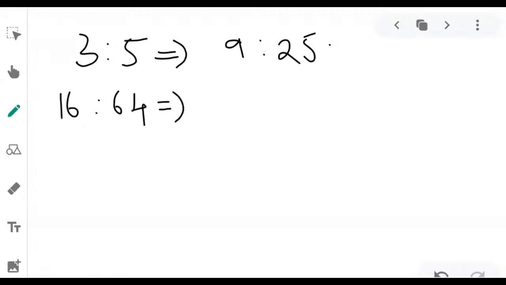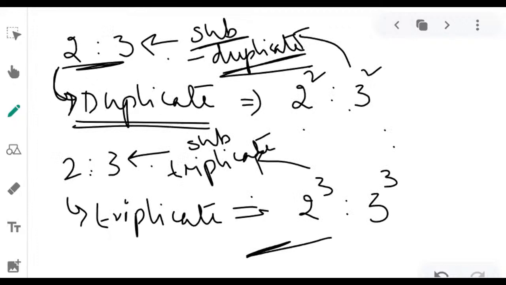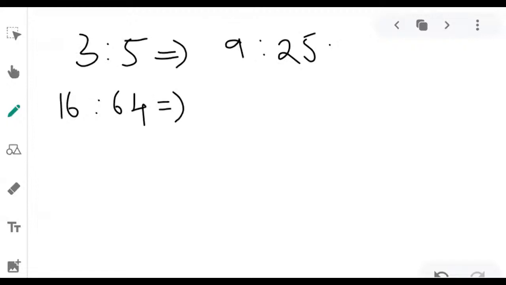Okay, who is next? Mamata, what is the subduplicate ratio of 16 is to 64? Yeah, subduplicate ratio. What is subduplicate again? Square root of these both is the subduplicate, right?